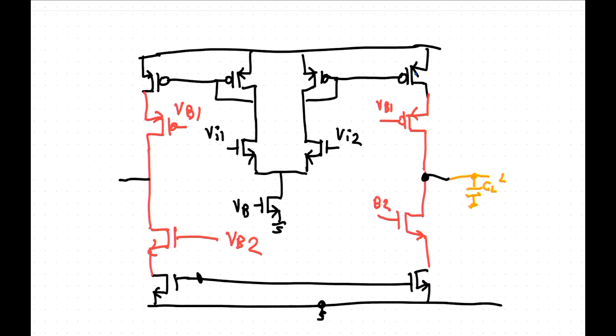We should probably put load capacitors, CL, on here. And if this is the positive input and the negative input there, then that becomes Vout plus, and this becomes Vout minus. I think that's right.